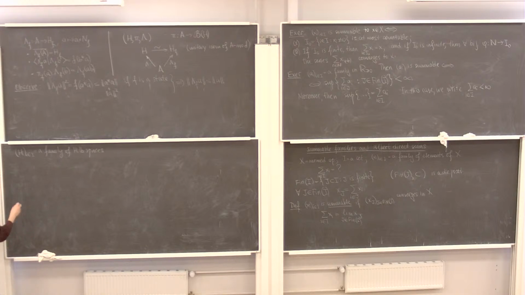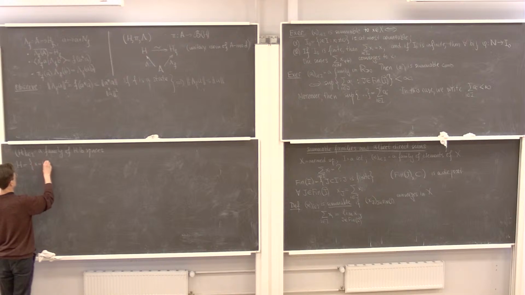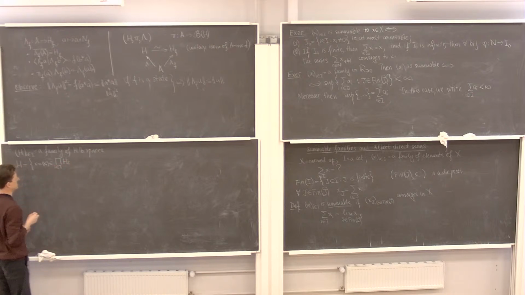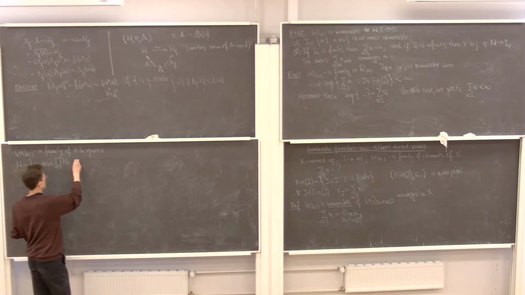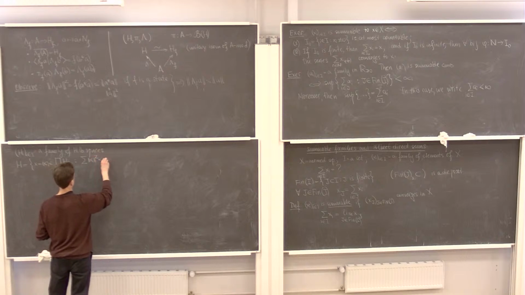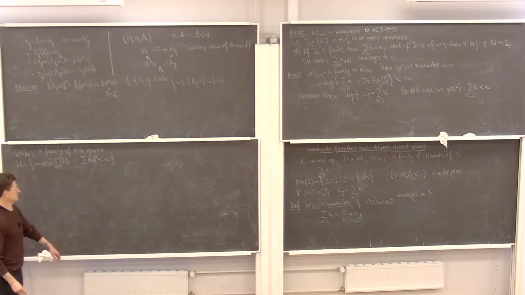Let's denote by H the set of those elements x_i in their product, which is just the product of the H_i as vector spaces, for which the following sum is finite, in the sense of our previous definition. That is, this family is summable.